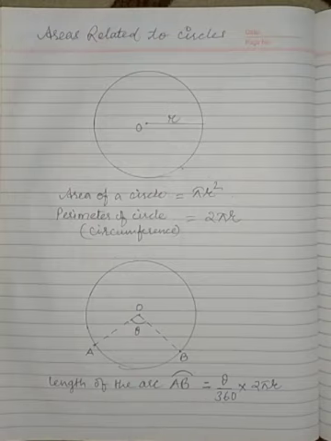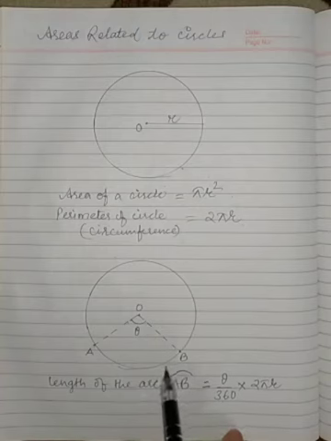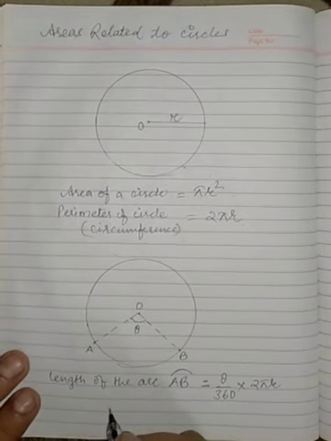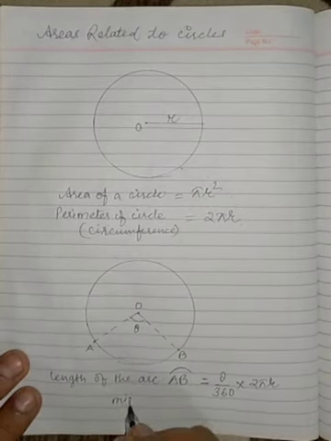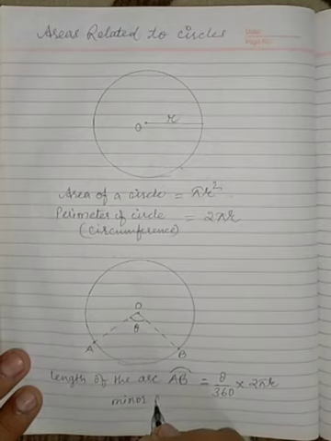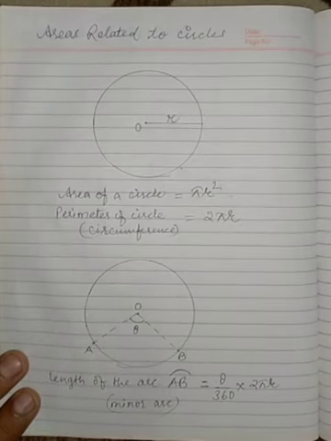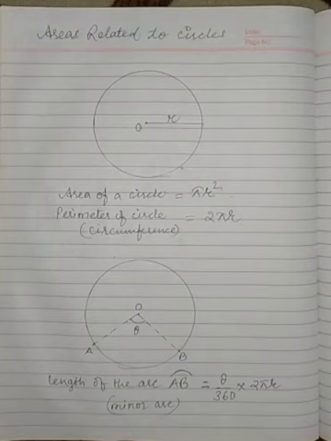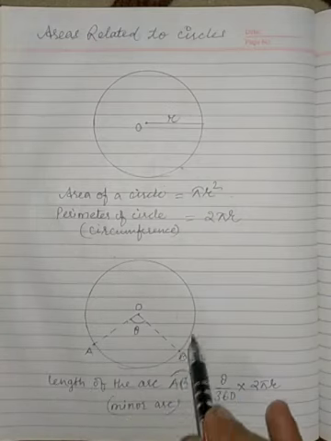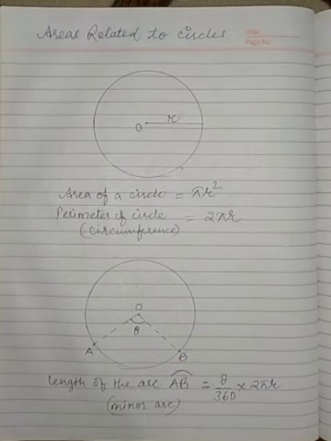Okay. Now since we have used the shorter arc here, we can say this is the length of the minor arc. Now if we have to find the length of the major arc, two things can be done.